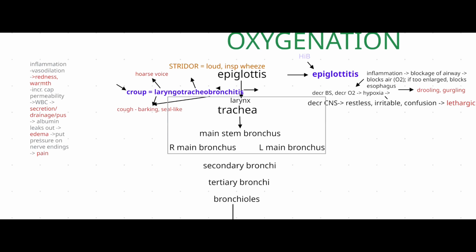Categorically, RSV is a virus, right? So then you could say RSV. However, for test taking purposes, I would not want you to associate RSV with croup. I would ask you to associate it with another condition later on. Okay.